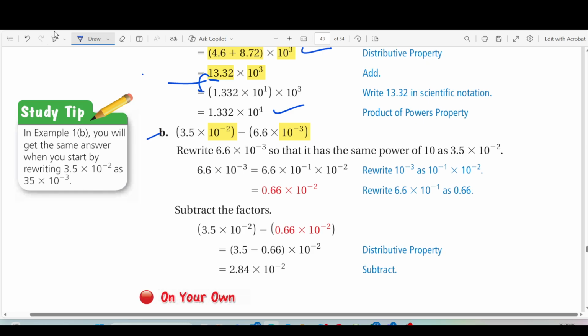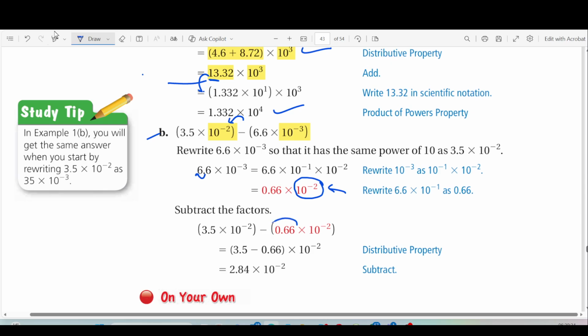By moving the decimal to the left, because if I move one left, this will become -2 from -3. Now we have -2 and this is already -2, so they both have the same exponent.